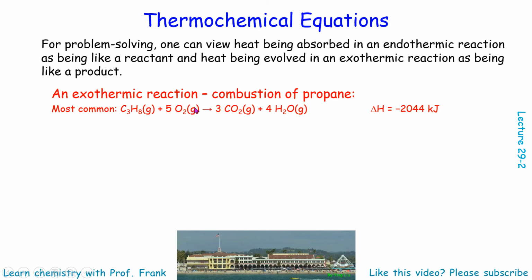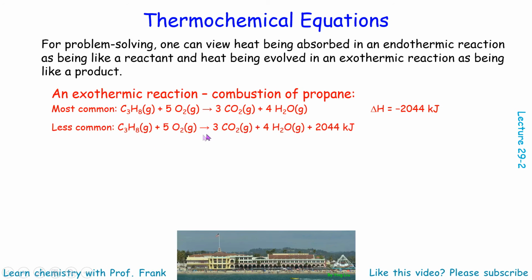You have reactants on the left-hand side, products on the right-hand side, and it has to be balanced, with the phase indicators. But in addition to this conventional chemical reaction, we have another component here. That's the heat. And this is the most common way of writing the combustion of propane.